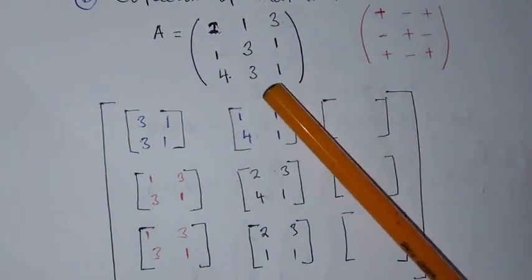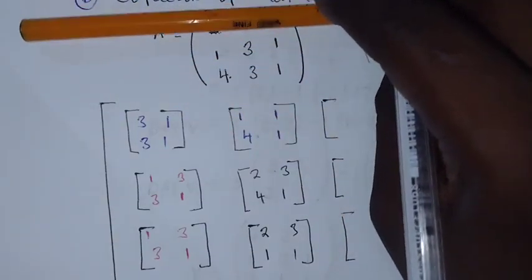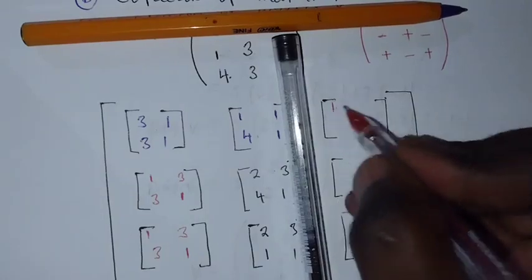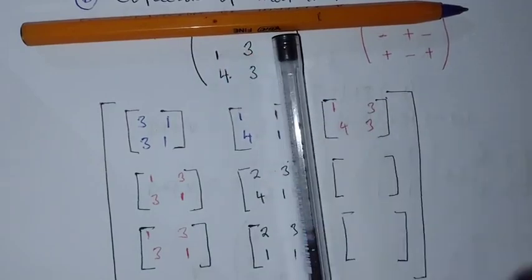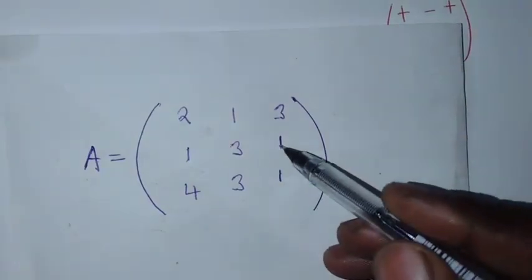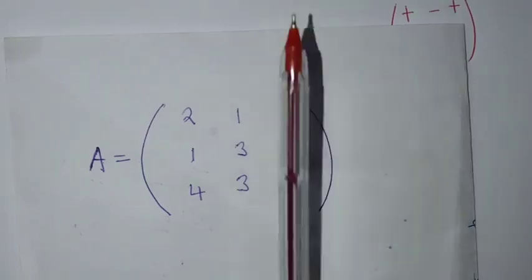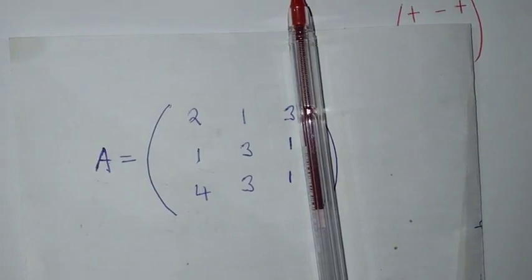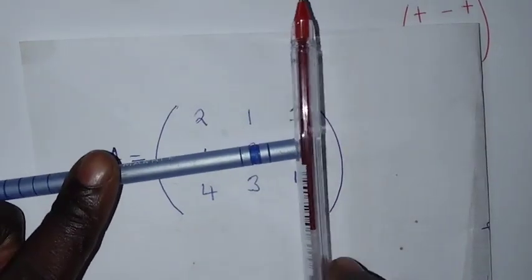We come to the last column. So we'll do the same. We cover this entire row and we cover this entire column. We are remaining with 1, 3, 4, 3, which is 1, 3, 4, 3. So we now come to the other element here, which is a 1. So here if we block the entire column where 1 is, and we block the entire row where 1 is, you can see this one here.